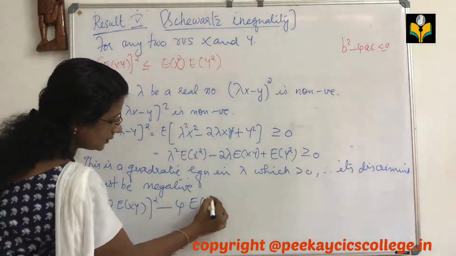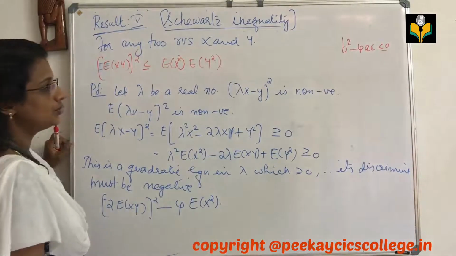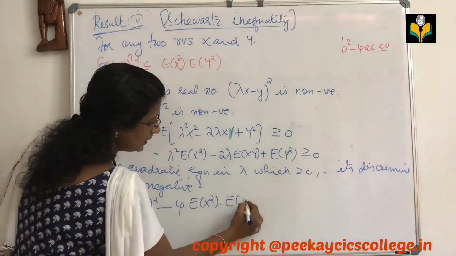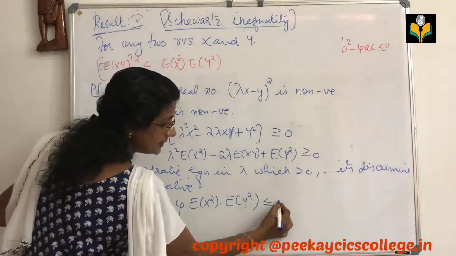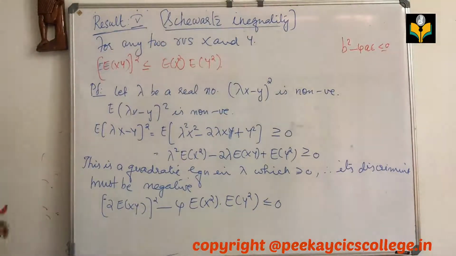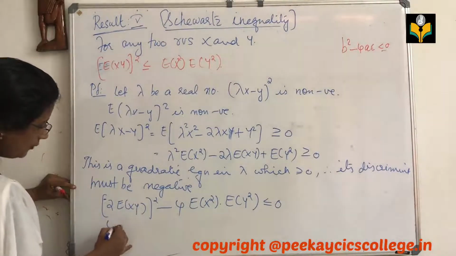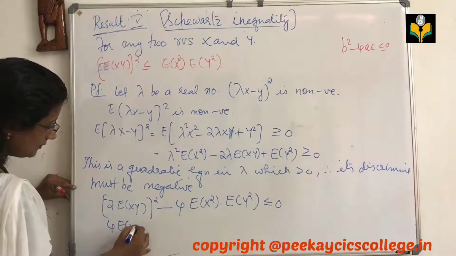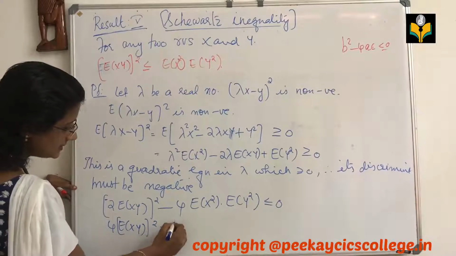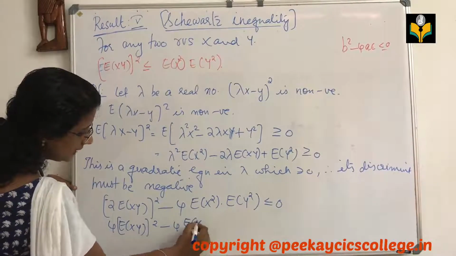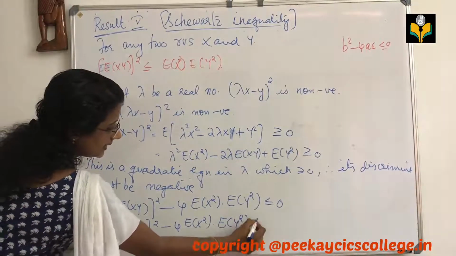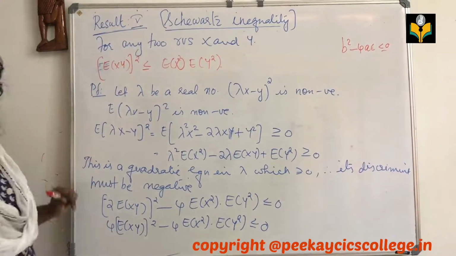Expectation of x square, into c, expectation of y square, which is negative എന്നല്ലേ പറഞ്ഞത്? Less than or equal to 0. അപ്പോൾ ഇതെന്താ വരിക? സ്ക്വയർ എടുത്താൽ 4 into expectation of xy whole square minus 4 into expectation of x square into expectation of y square less than or equal to 0.